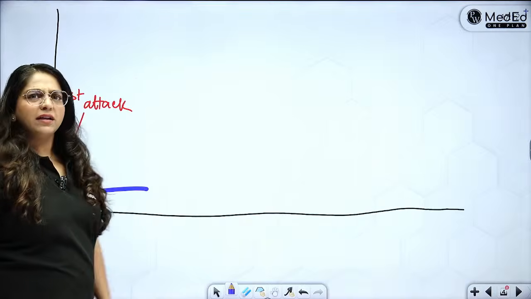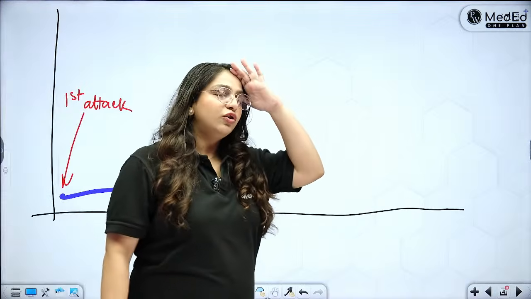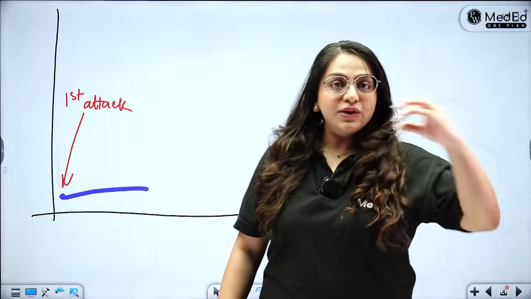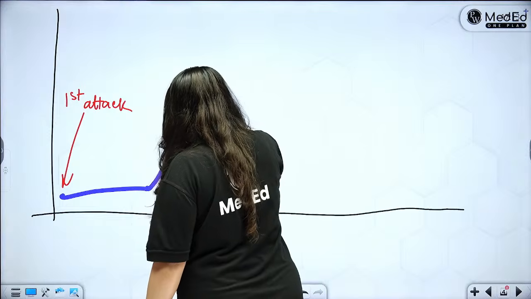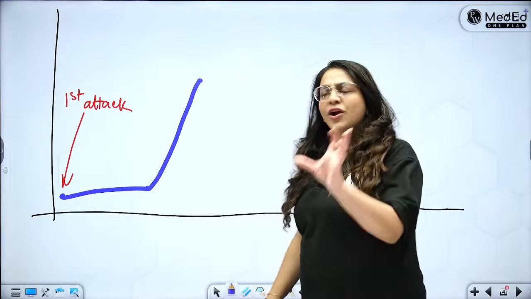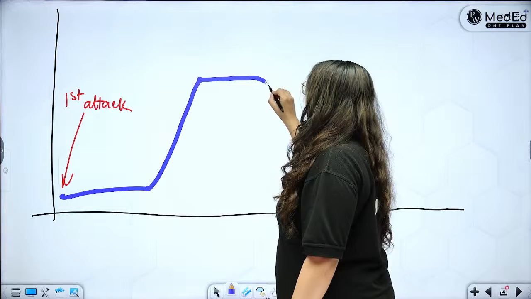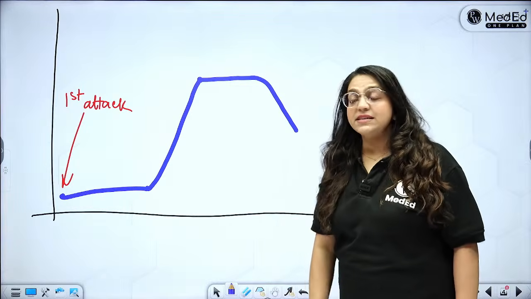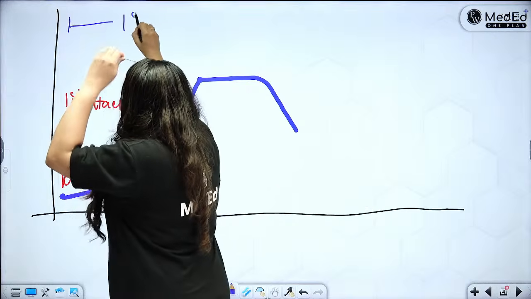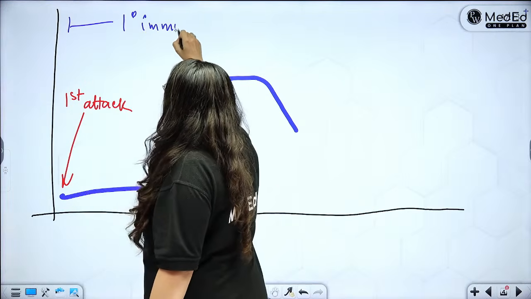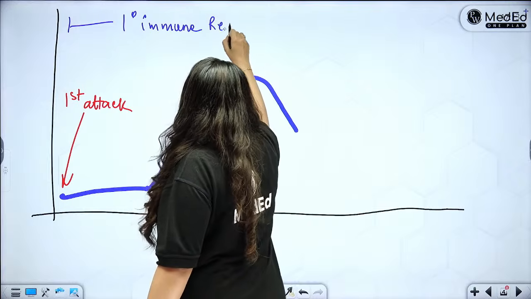So there is a lag, you are glitching, you don't know what's happened, you're confused. Suddenly you start feeling angry. So slowly your anger increases and it reaches its peak, right? Then you are angry for some time and then you forget about it eventually. What is this? This is the primary immune response. This is the primary immune response which is happening in response to the pathogen for the first time.